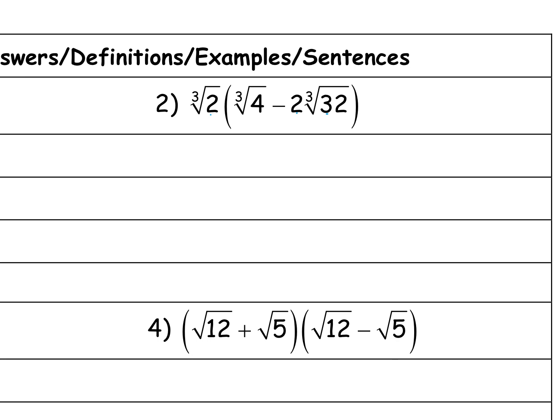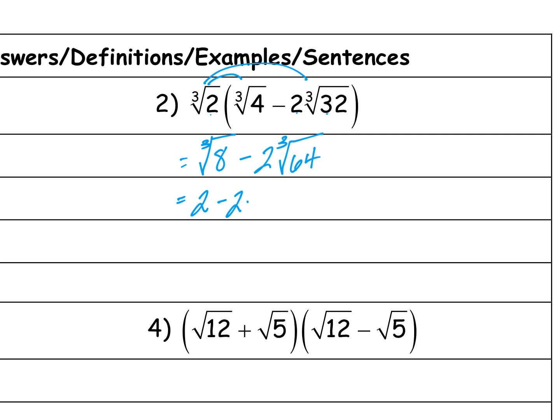So if I distribute, this is all cubed roots, so we're good to go there. So if I multiply this through, I get the cubed root of 8 minus 2 cubed root of 64. Yeah, that's right, 64. And I'm pretty sure the cubed root of 8 is 2.